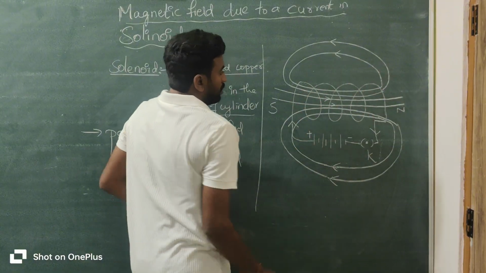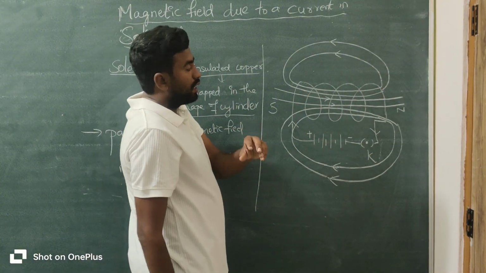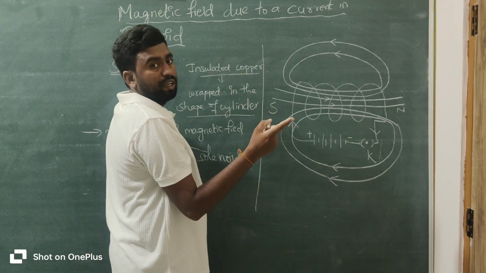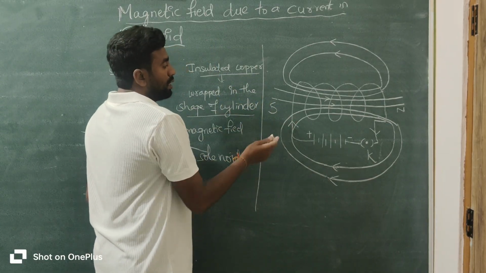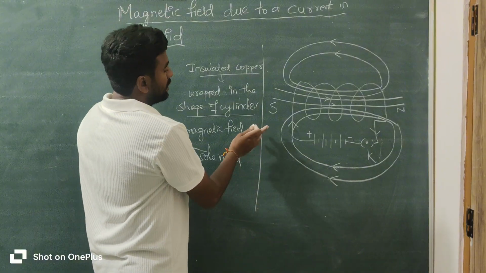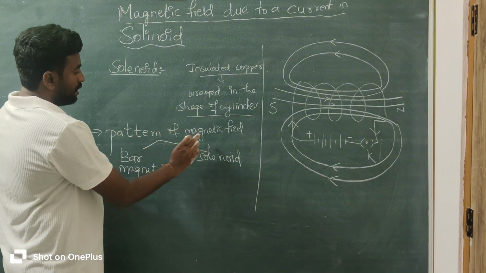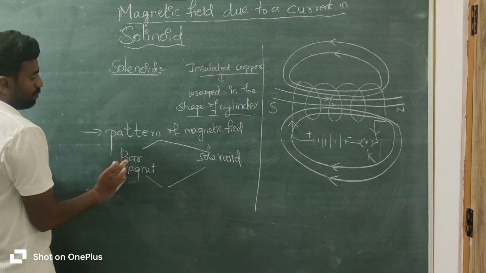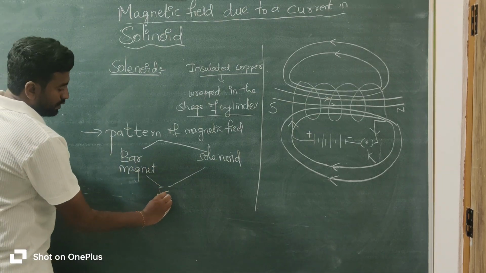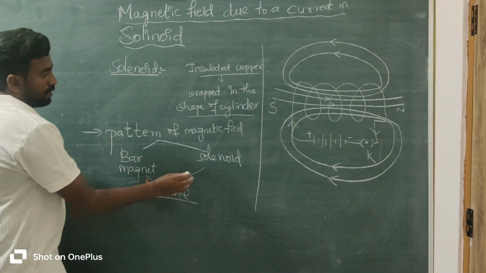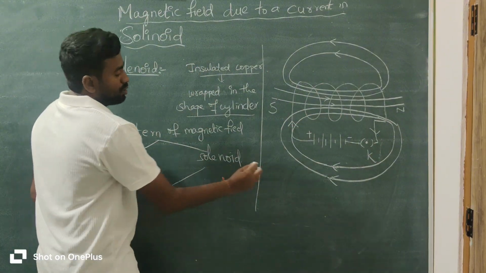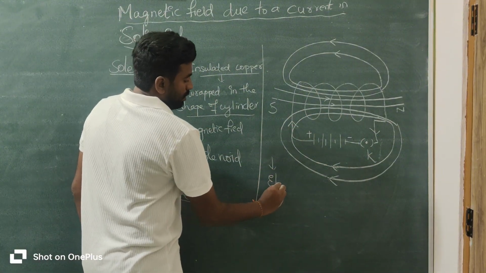A bar magnet also has the same pattern: inside south to north, outside north to south. Based on this observation, we can say the pattern of magnetic field of a solenoid is the same as that of a bar magnet. So we can treat a solenoid as a bar magnet, and it is also called an electromagnet.